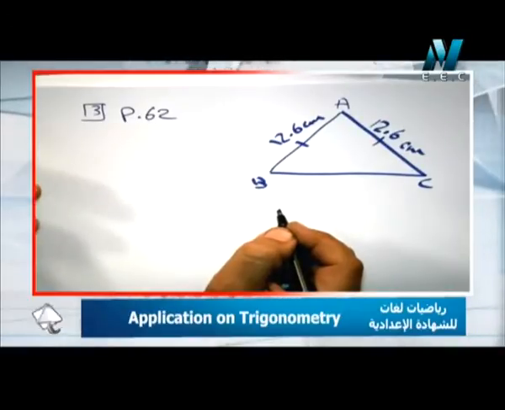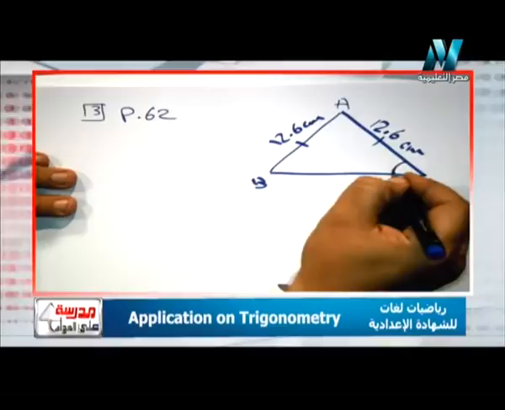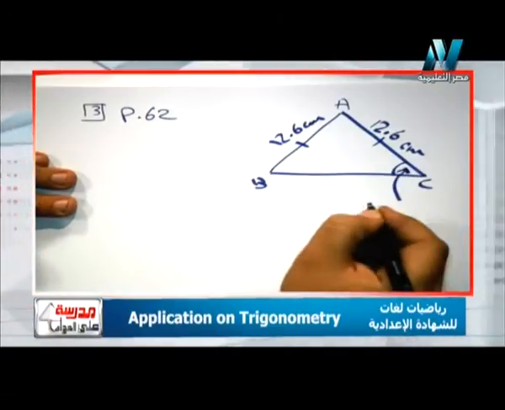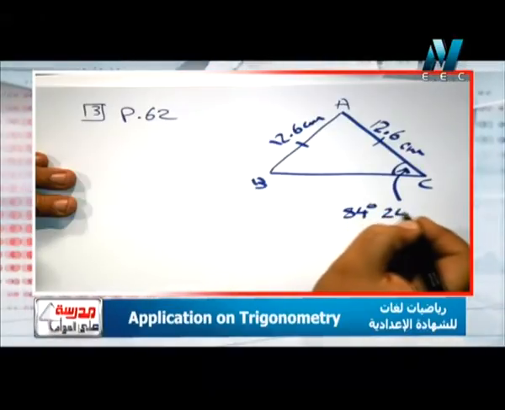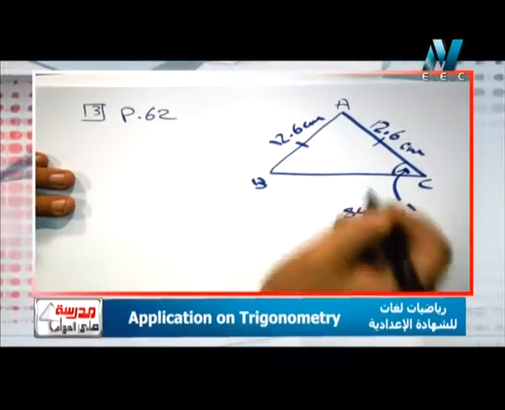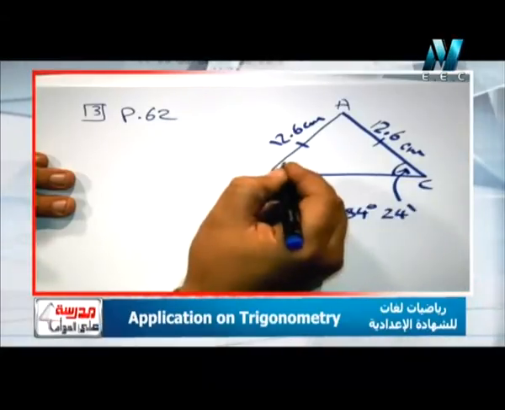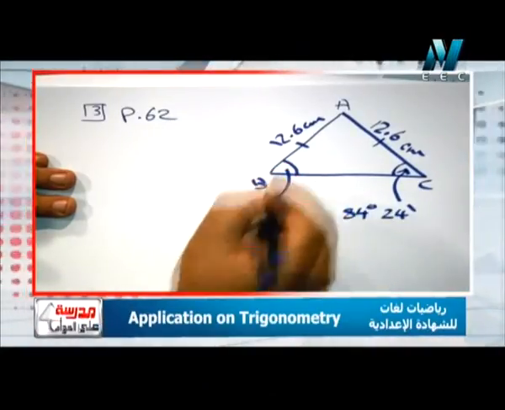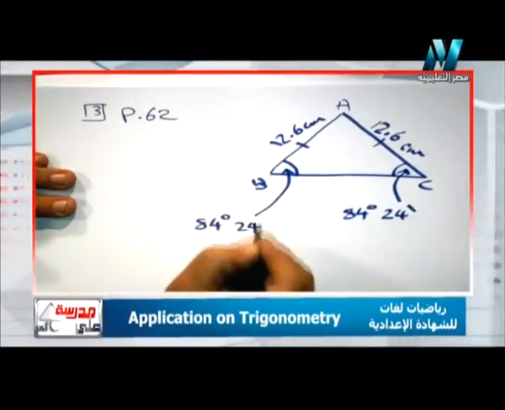Measure angle C is 84 degrees 24 minutes. So the measure of this angle, I'm going to write it here, is 84 degrees 24 minutes. As long as this is an isosceles triangle, measure angle C is the same as measure angle B. So measure angle B will also be 84 degrees 24 minutes.